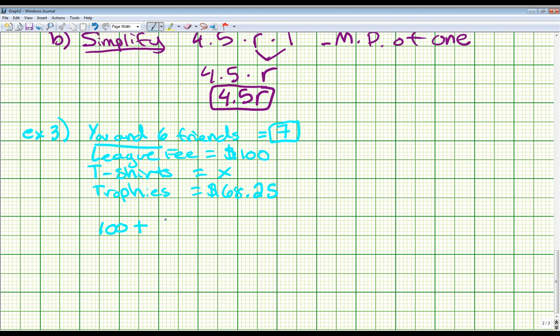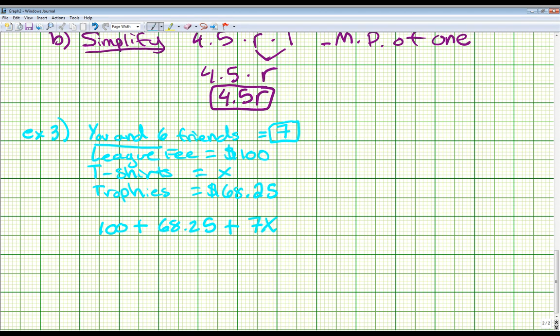The sponsor paid $68.25 for trophies. And let's go back to our 7 and X. If there are 7 total people on the team and it's X dollars for each t-shirt, we can take that 7 and multiply it by our X to find how much money that would be. So 7 times X, or 7X, would give us the total amount of dollars for the t-shirts.